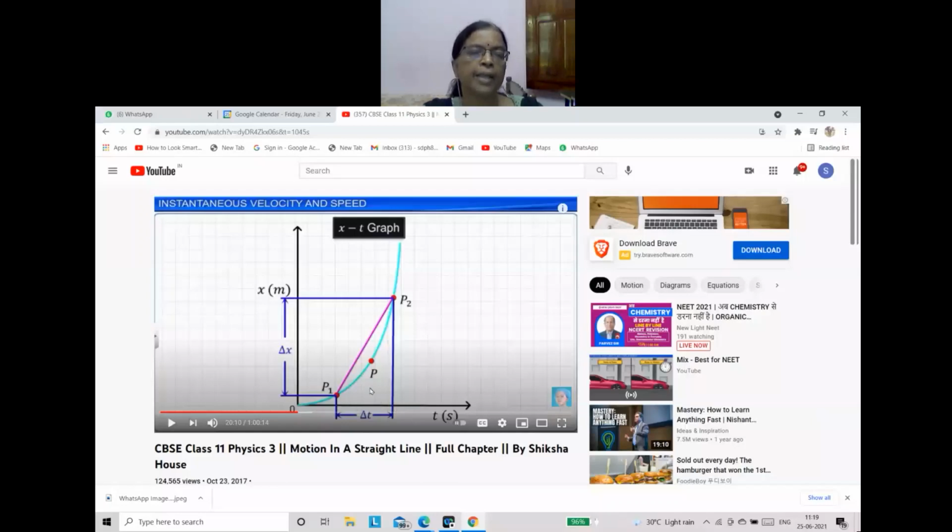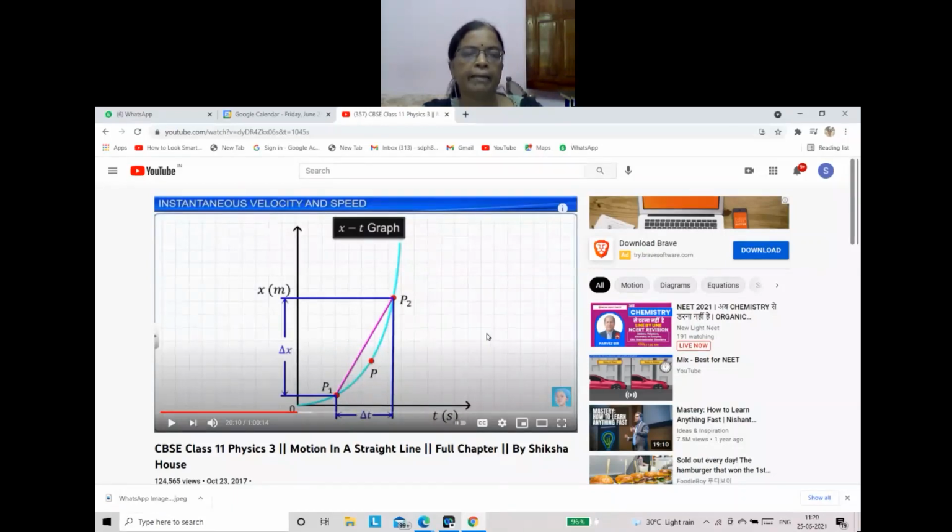That is the time interval. And if this is 100 and this is 50, then 100 minus 50 gives the displacement delta x. By drawing perpendiculars, you can find the change in position, and from the time axis, the change in time interval. So we got delta x and delta t.